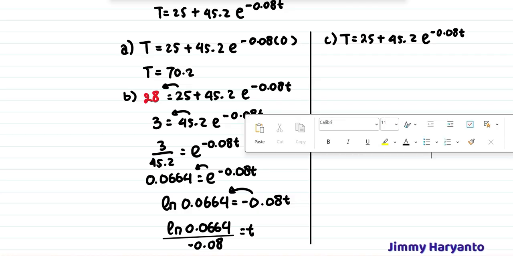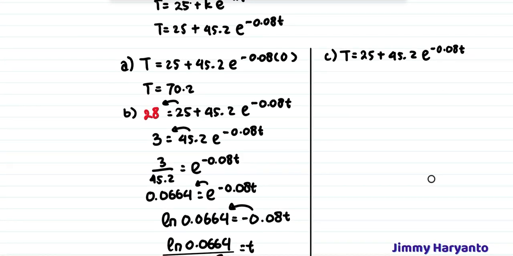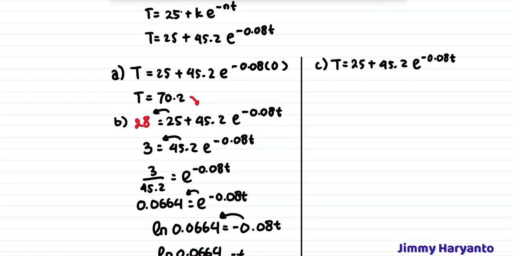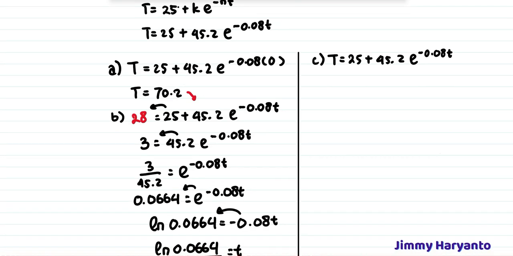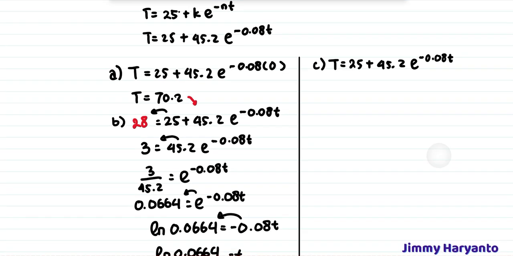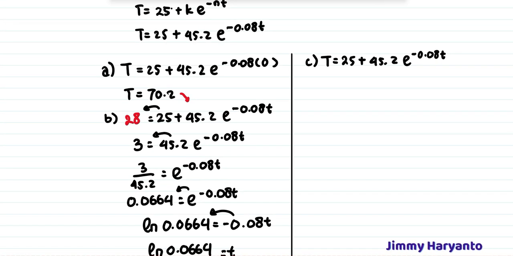So I think the initial temperature of the coffee is 70.2, right? And the 70.2 will decrease until the temperature will be the same as the room temperature, because we put the coffee in a room, right?